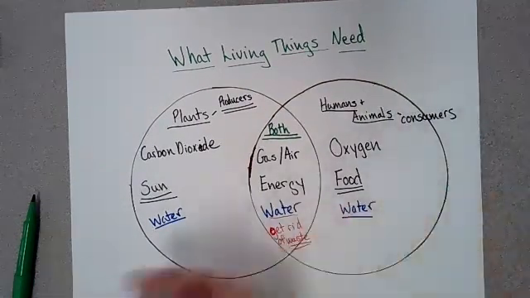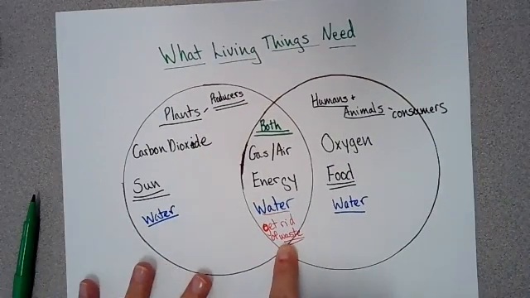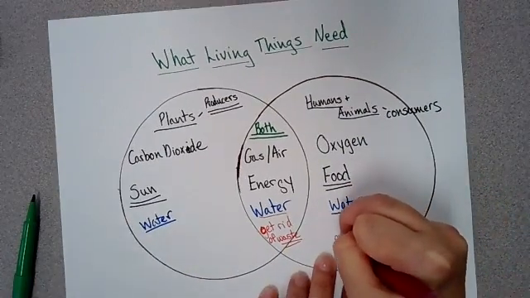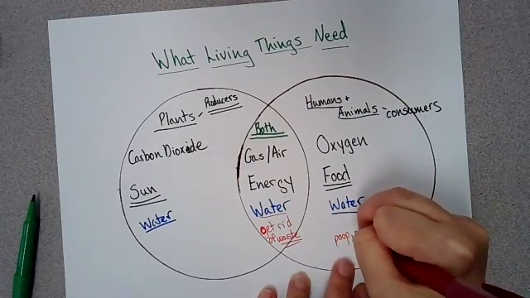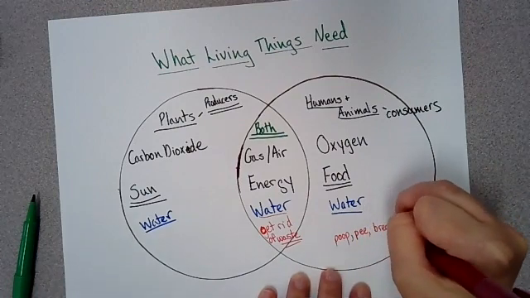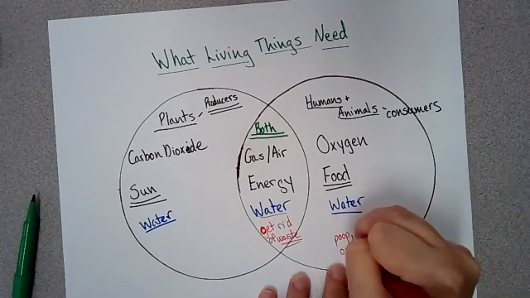Well, I'm talking about pooping, and yes, I'm talking about peeing, but I'm also talking about breathing out carbon dioxide. So we're going to write poop. Ms. Ross, you want me to write poop? Yes, write poop, write pee, and write breathing out. You have to be able to breathe out carbon dioxide.